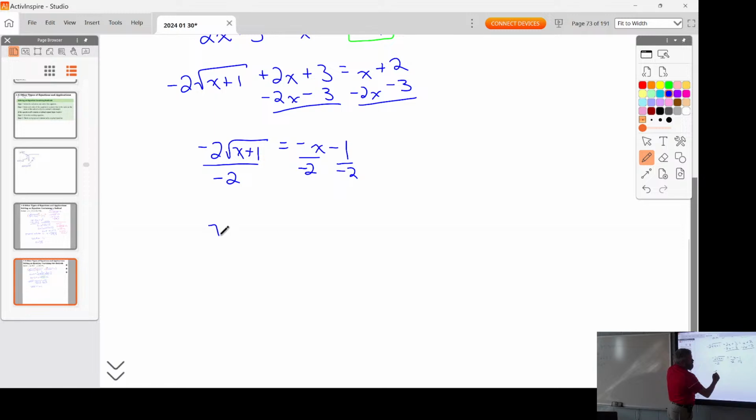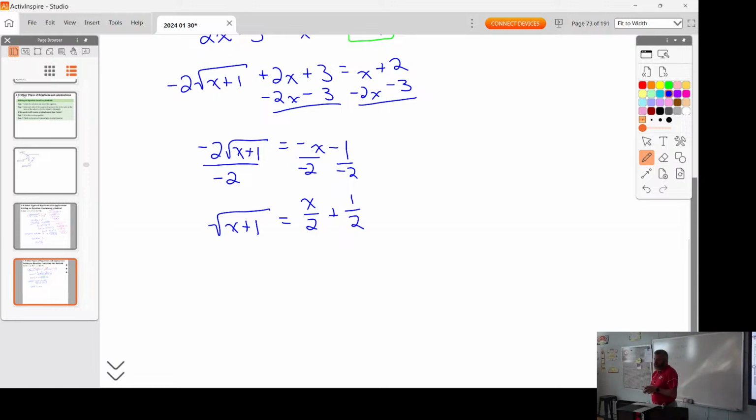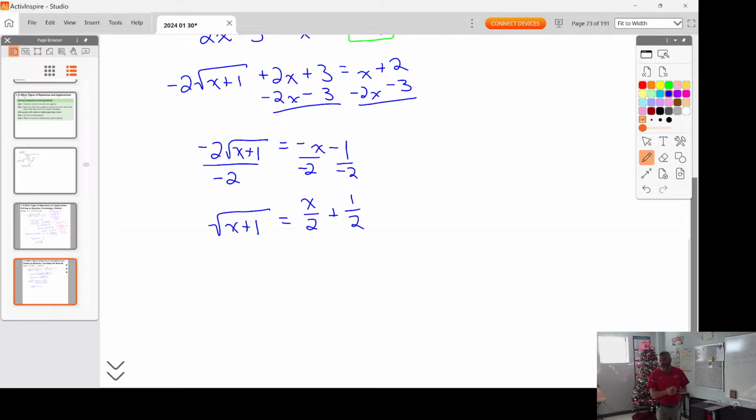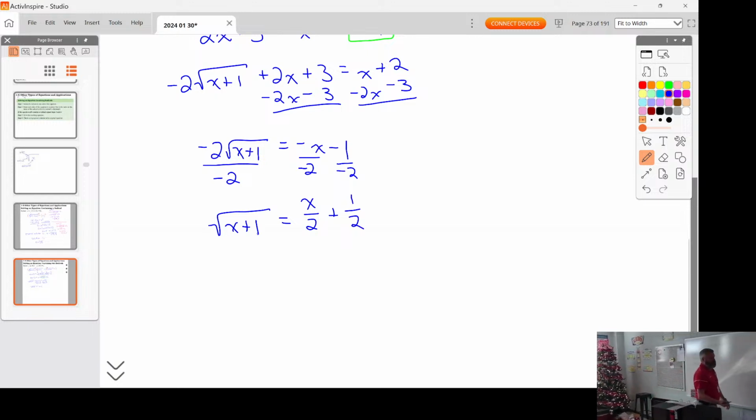I now have the square root of x plus 1 equals x over 2 plus 1/2. Is the radical by itself? Yes. What do I need to do to both sides to get rid of that radical? Square both sides.